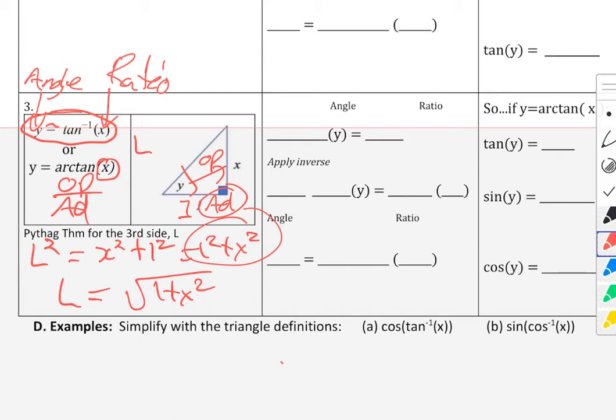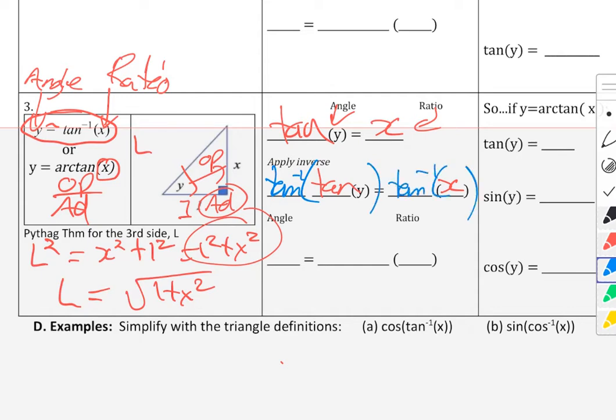Let's go through this. Now we're going to do some of our math. We're doing the tangent of angle y, and that's worth x divided by 1. So again, the angle is y, the ratio is x. X divided by 1 is x. How do we do the inverse? I want to isolate for y. Well, I've got tan of y equals x. How do I undo that? I do tan inverse of that, and if I do tan inverse on one side, I have to do tan inverse on the other.